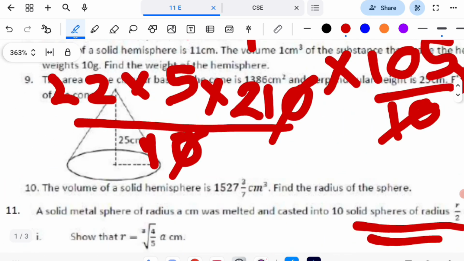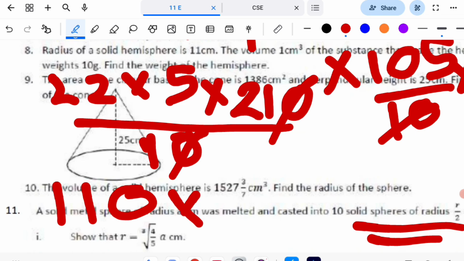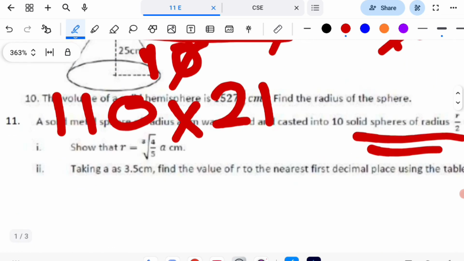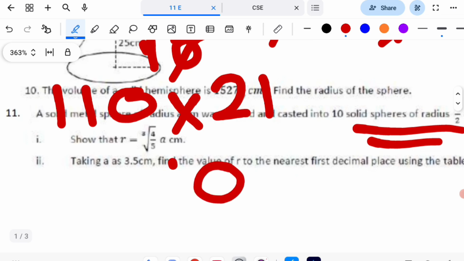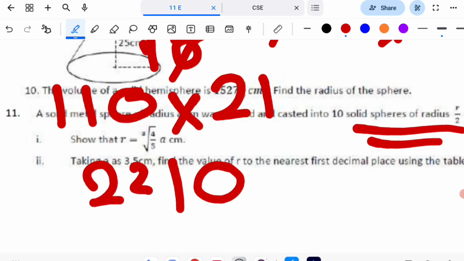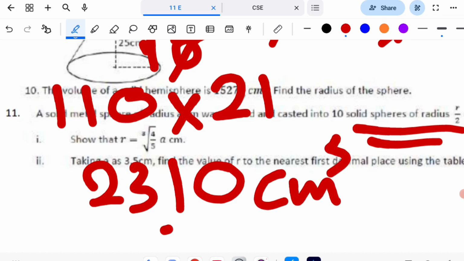And we have to multiply it. 22 into 5, that is 110. 110 multiplied by 21. 21 into 0 is 0. 21 into 1 is 21. 21 into 1 is 21, 1, 2 remaining. 2310 cubic centimeters is the volume.